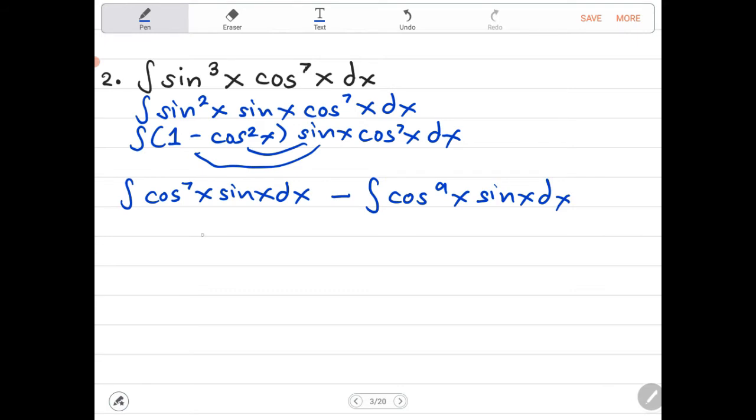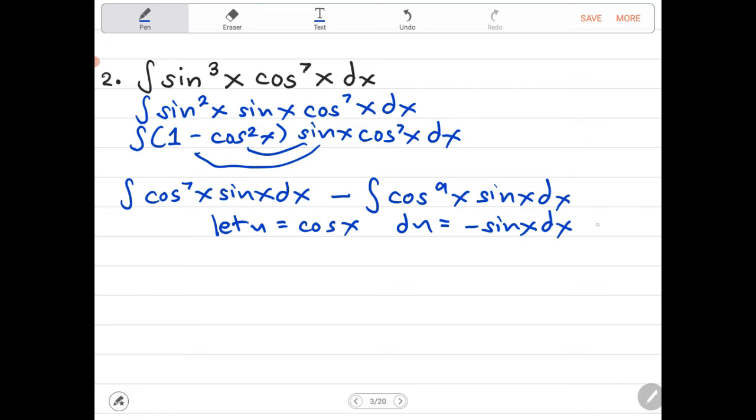Okay? Ayan. So what are we going to let u? Let u as cosine x. What is the derivative of cosine x? Derivative of cosine x is negative sine x dx.